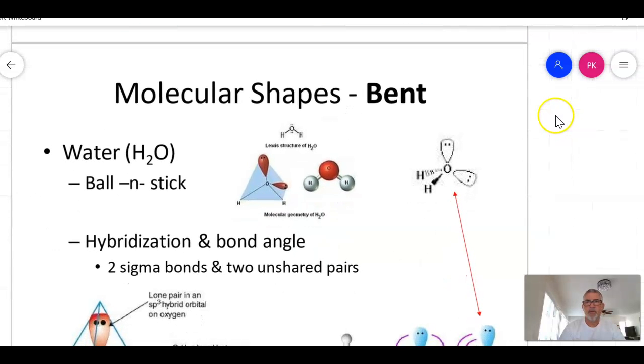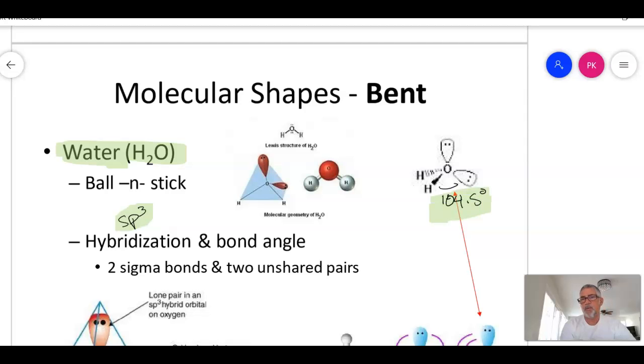If we look at bent, again, my hybridization for bent we talked about is sp3, and that's for water or H2O. So it's sp3. My bond angle here is 104.5 degrees.